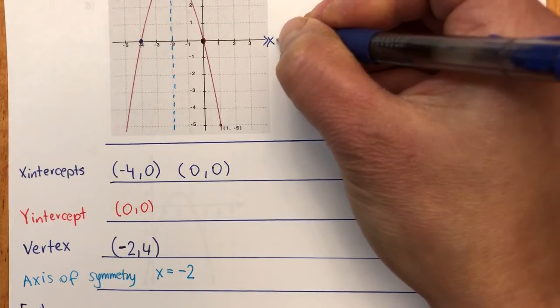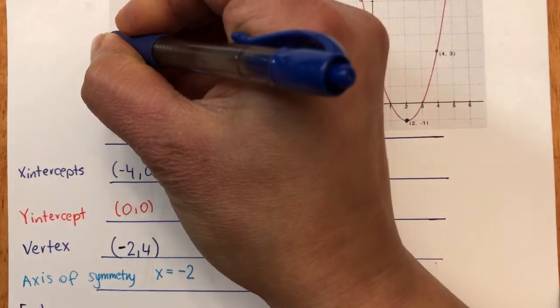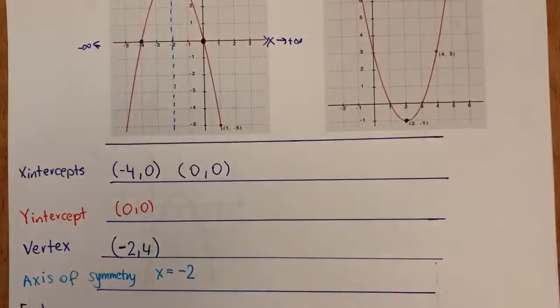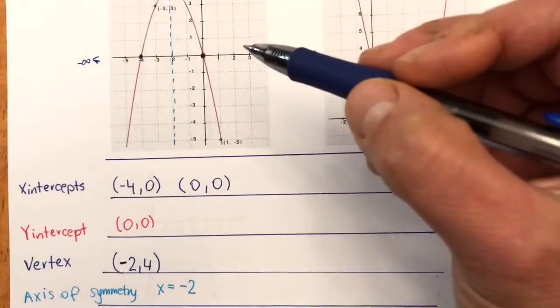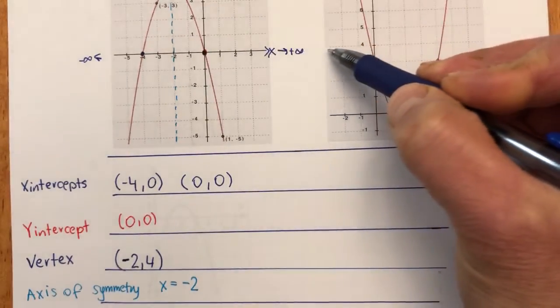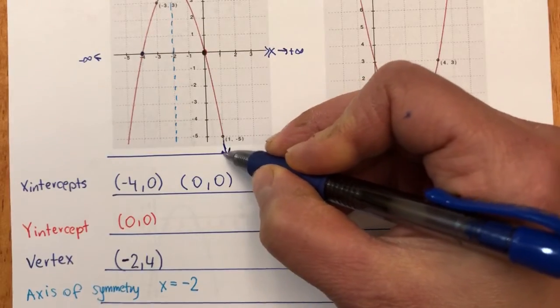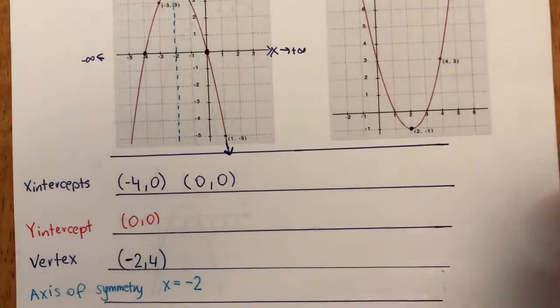So think about this. This is your positive infinity, and this is your negative infinity. So what is happening with the y value? As x is getting larger and larger, your y value is going to get smaller and smaller. So this is what I am going to say.